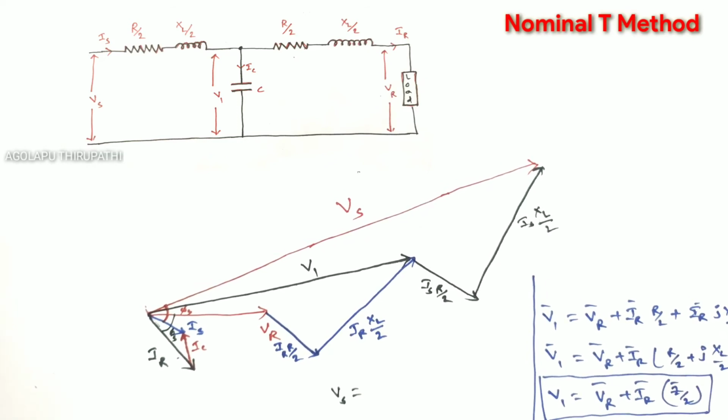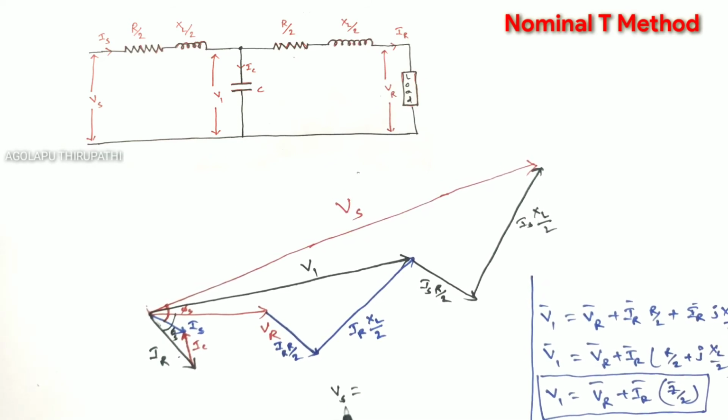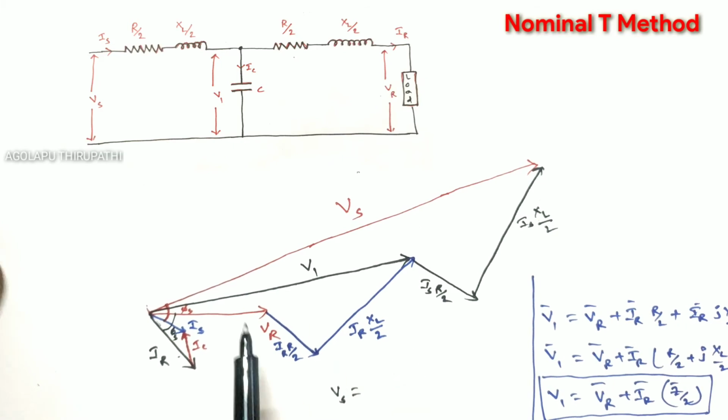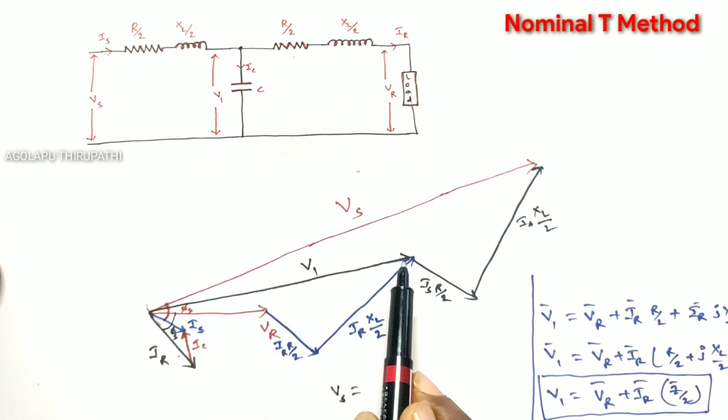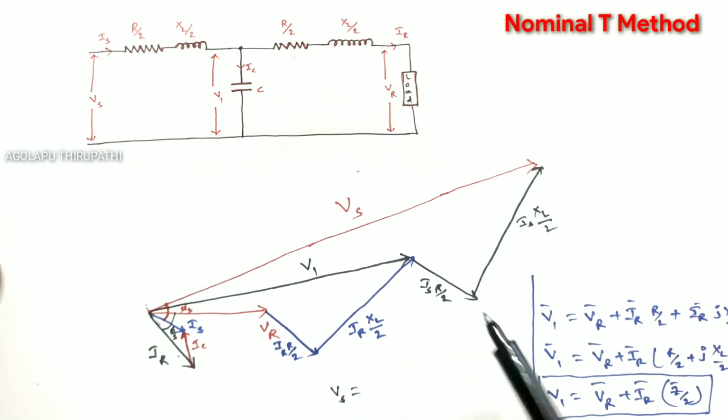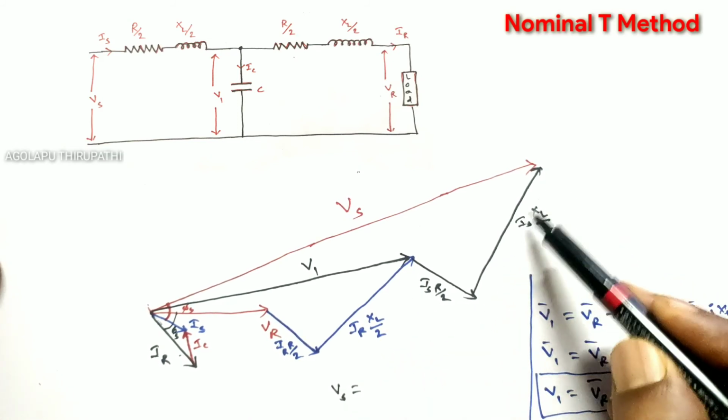Next, write the equation for Vs. From this phasor diagram, Vs is equal to V1 plus IS R by 2 drop plus IS XL by 2 drop.